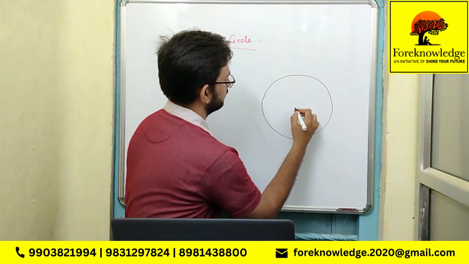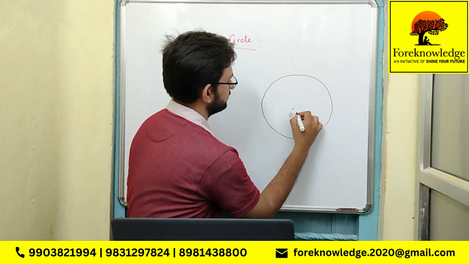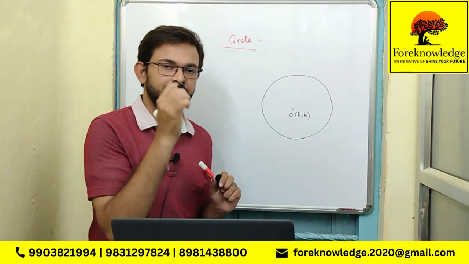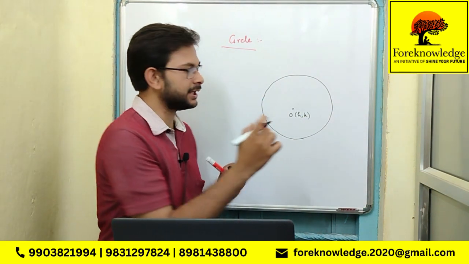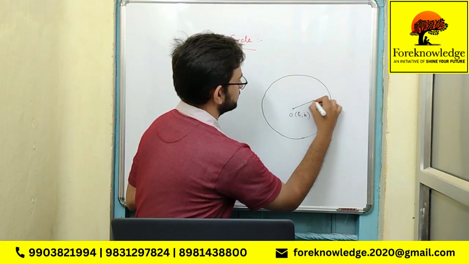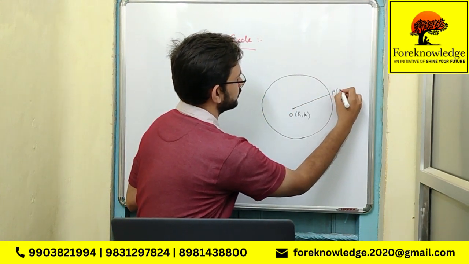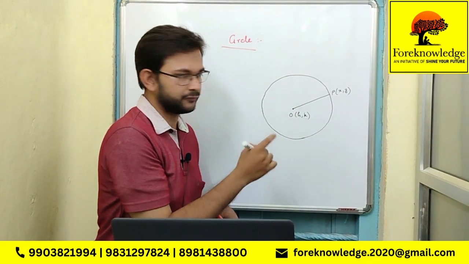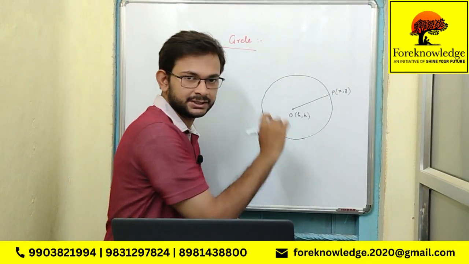This is the center h, k. At any instant, suppose this point P, whose coordinates are x, y, is moving, the point which is creating the circle.